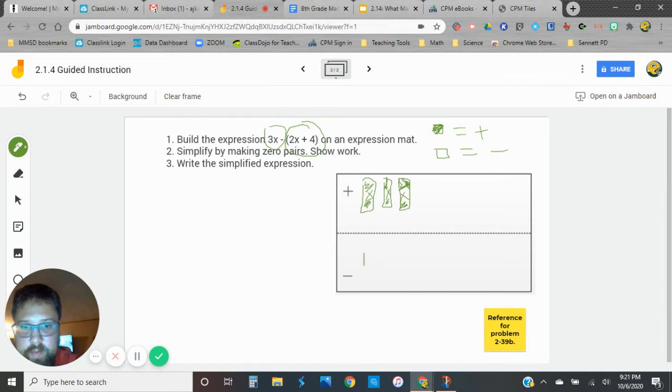So 2x's. Those will be shaded. And 4. And again, that's a positive 4, but they're just going to live in the negative area, which will then make them negative.